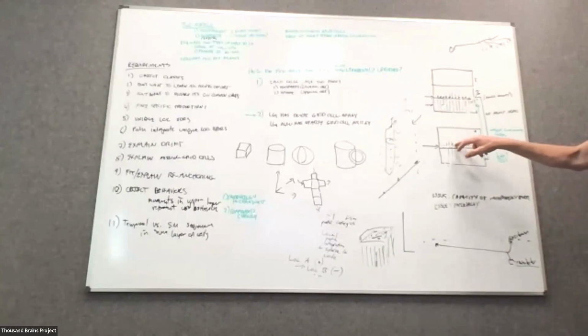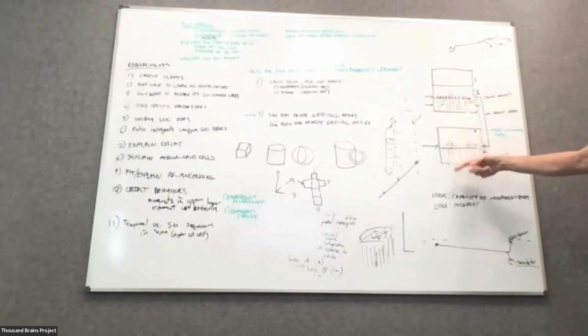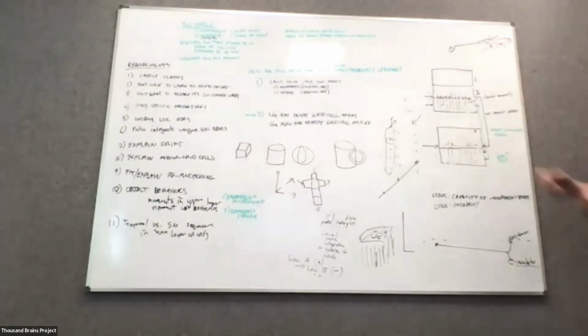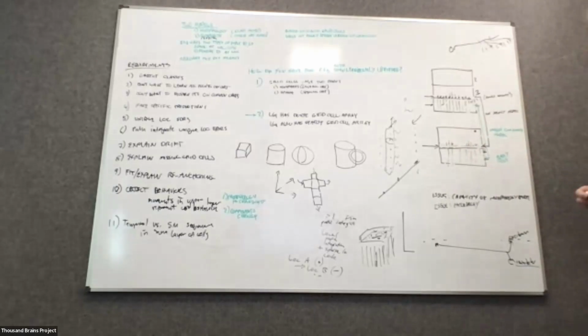Maybe these grid cells are acting as we were just talking about a moment ago. They're really acting as sort of this buffer to keep track of which cells should be active at any point in time, that kind of thing. I don't know.